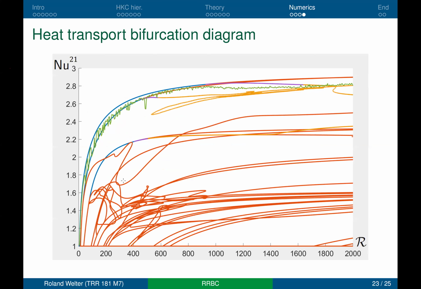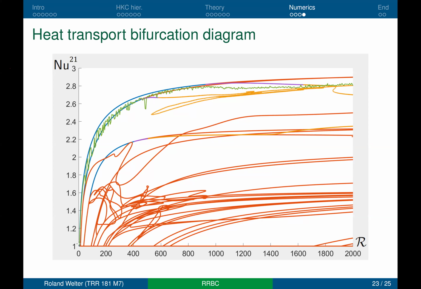So it should be a good approximation for the PDE. And here's what I saw. Here we have unstable fixed points in red, stable fixed points in blue, stable periodic solutions in purple, and unstable periodic solutions in orange. And then some solutions beginning from random initial conditions in green.